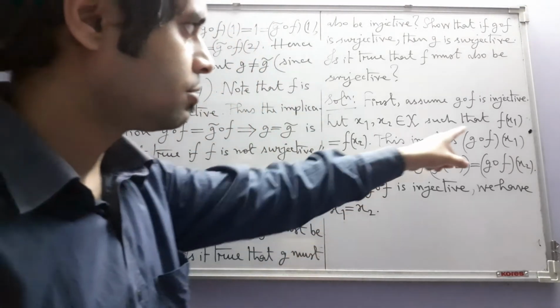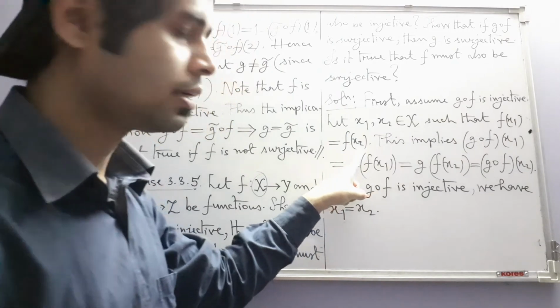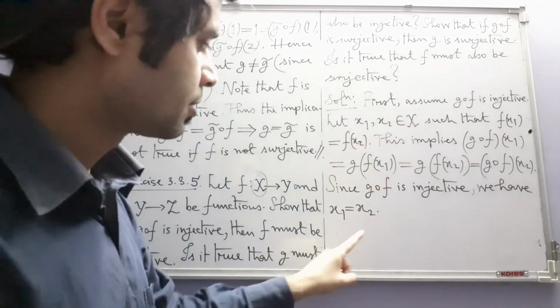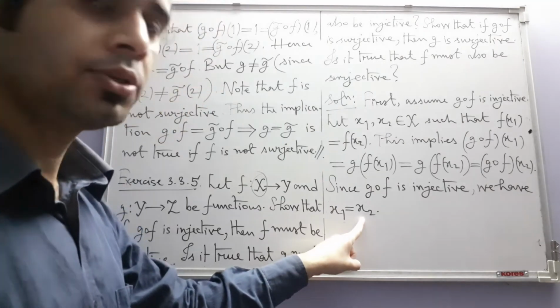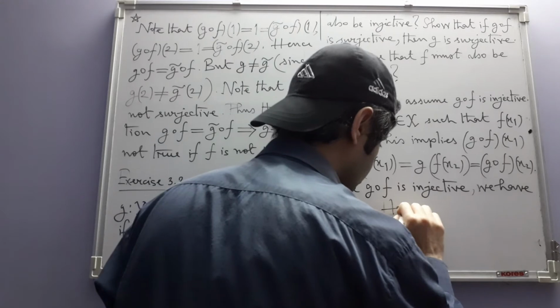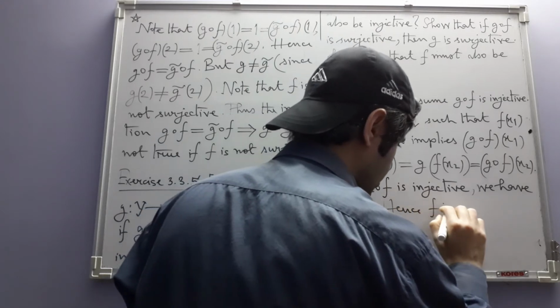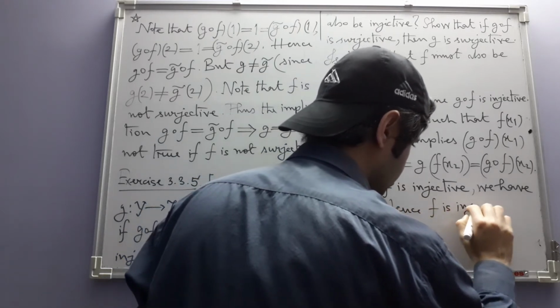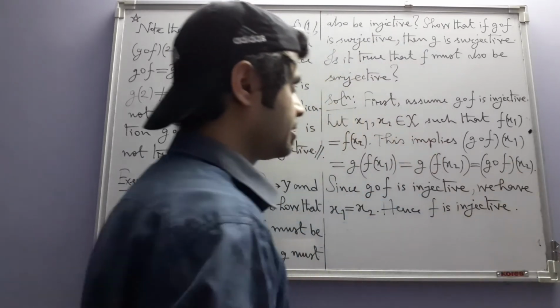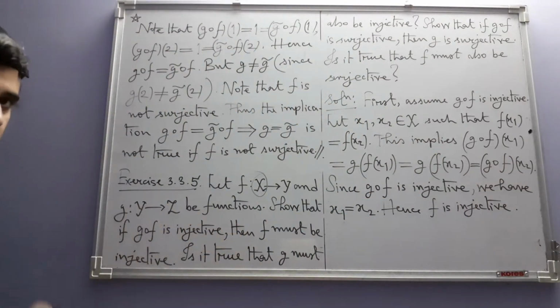So having assumed that these f values are equal for any two points in the domain of f, we have proved that the inputs themselves are equal. Hence, f is injective. So that is the first part.